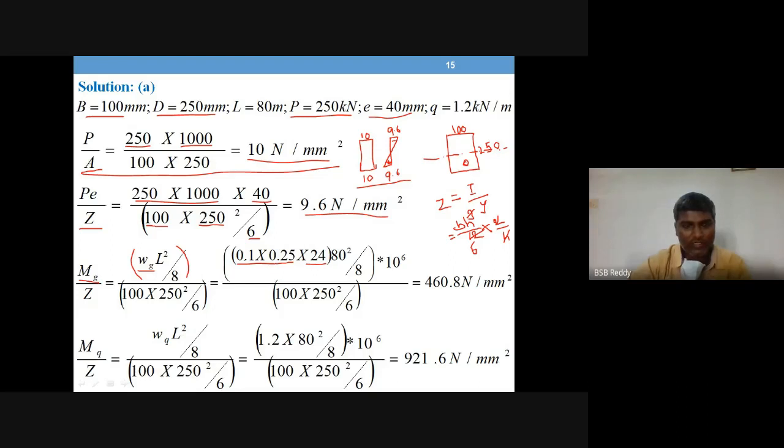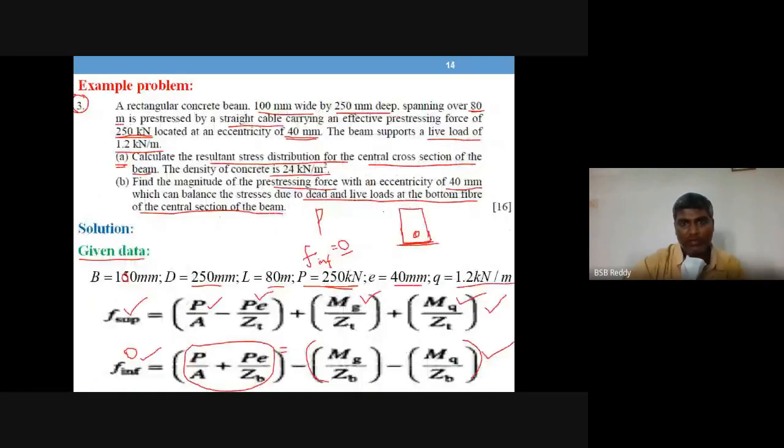Cross section is 100 mm converted to meters, because 24 is in kilonewton per meter square. Actually, there is a correction here from the question paper. It shall be kilonewton per meter cube.